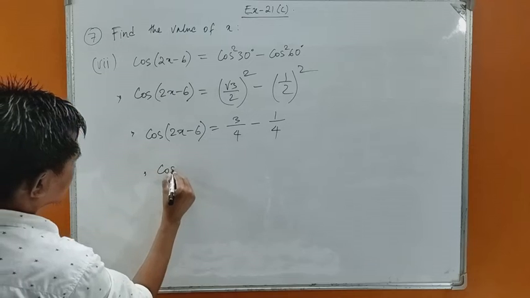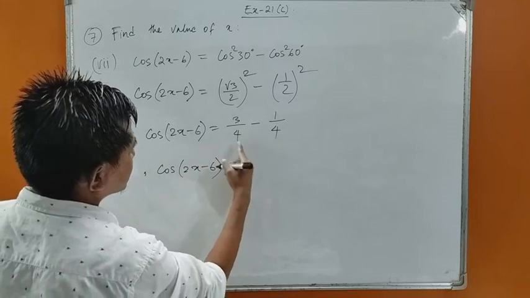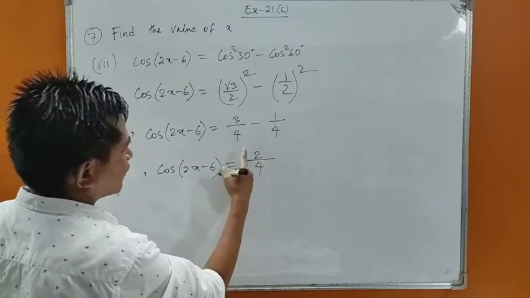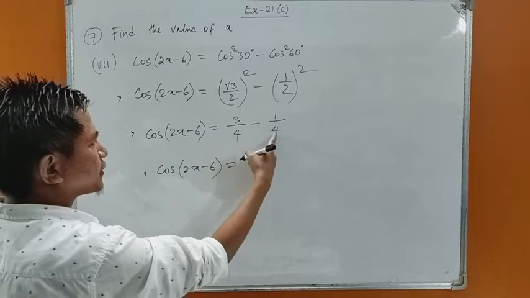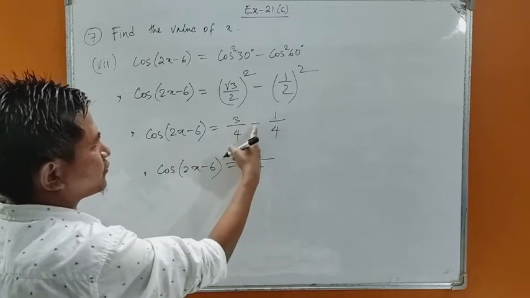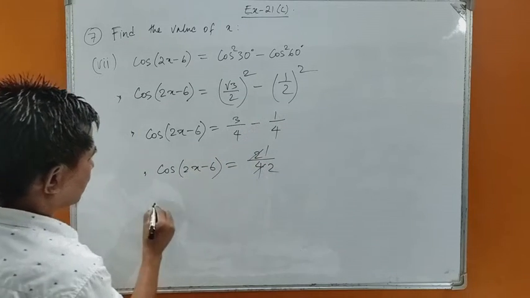Or cos 2x minus 6, since the denominator LCM is the same, isn't it? So 3 minus 1 is 2 upon 4. If the denominators are the same number, you can directly subtract like this, or directly add if there is a plus sign. 3 minus 1 is 2. 2 1s are 2, 2 2s are 4.